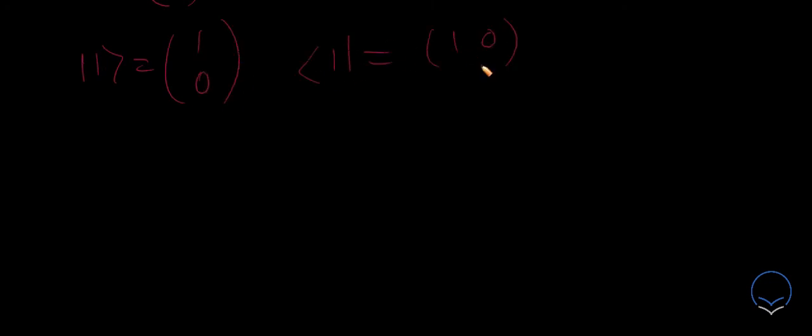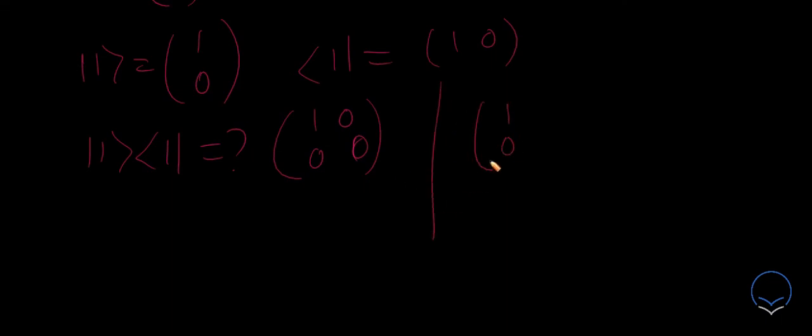So how can I do that? Let's write 1 as 1 0, and so the bra of 1 will be 1 0, right? And I want to evaluate this. We already know that this is something we want as 1 0 0 0. But how to get this matrix using these vectors? The idea is, first you write this ket as 1 0, and the bra as it's written on this side.